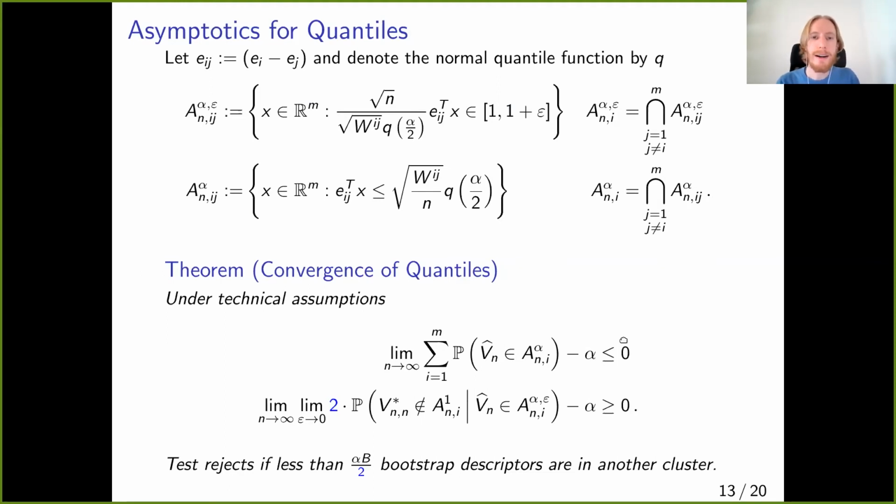So here, this is a kind of difficult thing to really explain what we mean. So let's say here we look at this set A alpha epsilon ij. So here Eij is Ei minus Ej. So what's here is really Xi minus Xj.